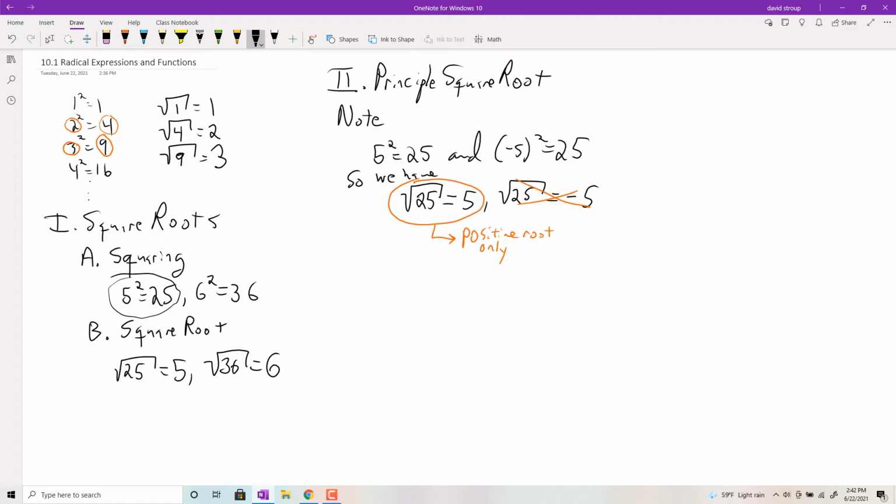What happens if we actually want the negative root? Well, if we desire the negative root, we'll just put a negative in front of the square root symbol. So we'll write negative square root of 25. And then when you take the square root of 25, you get the 5, and then there's that negative already in front.